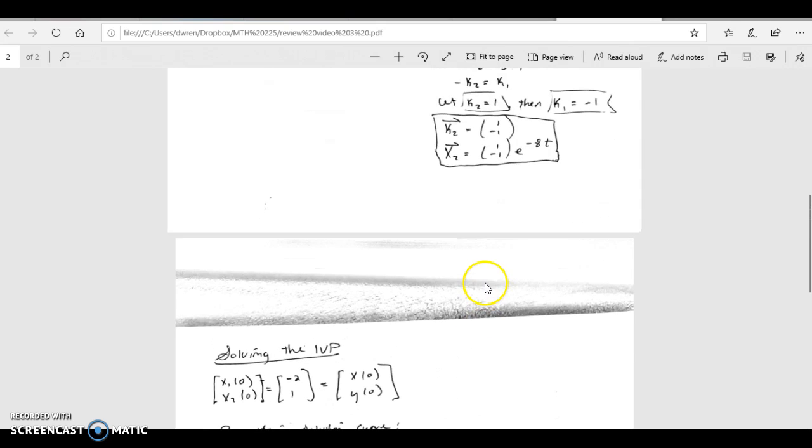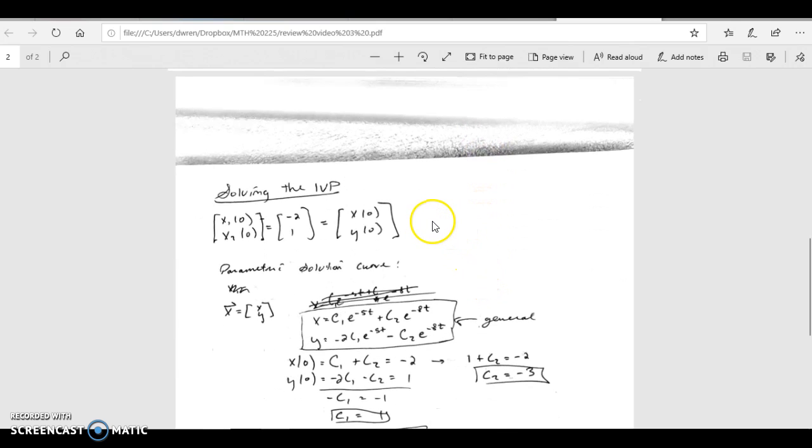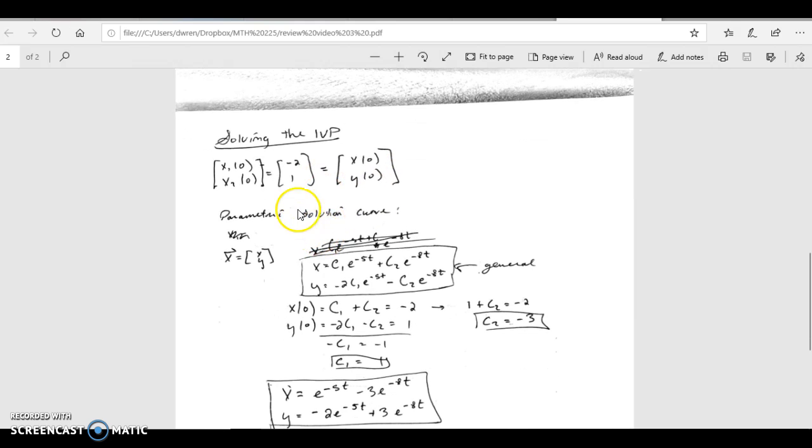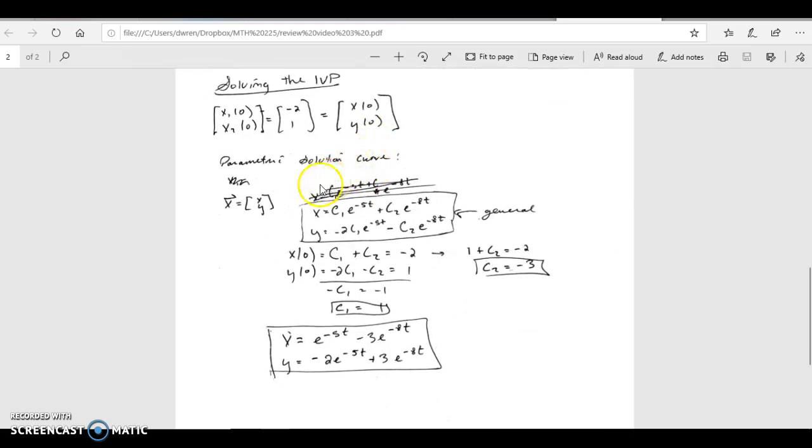Now that we have that, we can start solving the differential equation for the initial value problem. You're given x1 of 0 and x2 of 0 equals negative 2, 1. That could also, in this case, and I will do it this way, be x of 0 and y of 0 in the parametric solution curve.